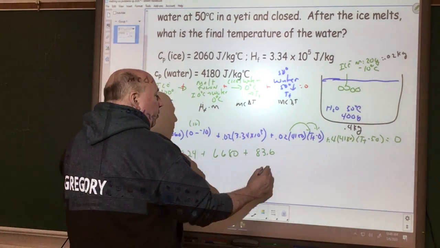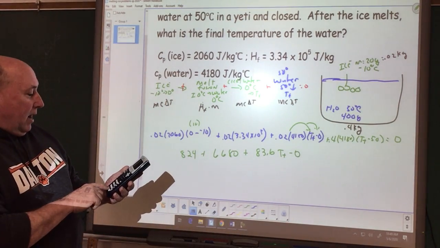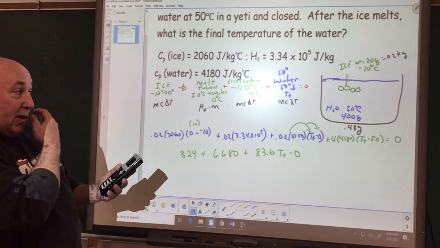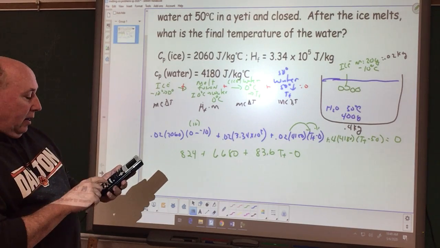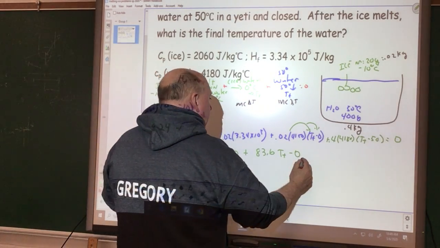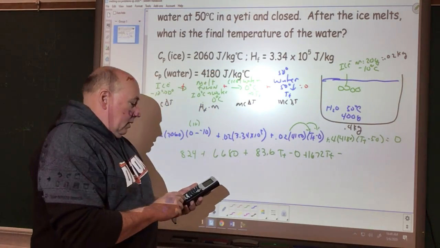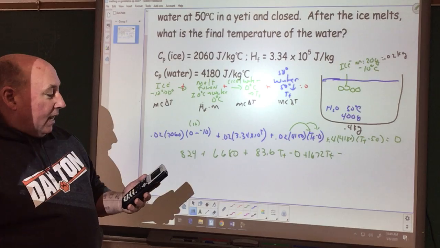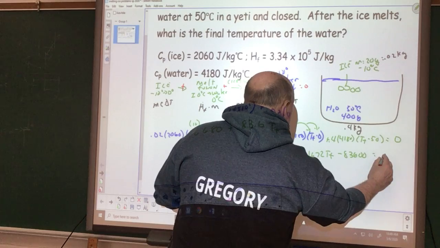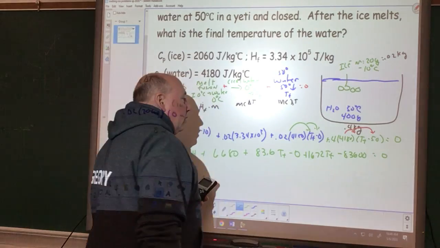So we have T final minus 0, and then we have 0.4 times 4180. That gives me 1672 T final minus 1672 times 50, because once again it got to distribute. 83,600 is equal to 0. Once again, got to make sure we distribute this over both of the terms.